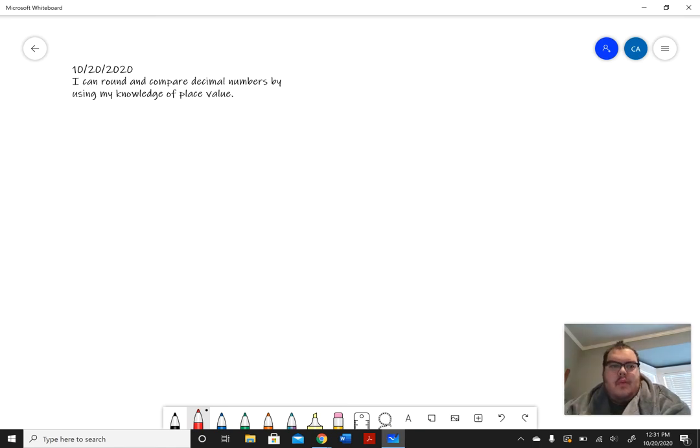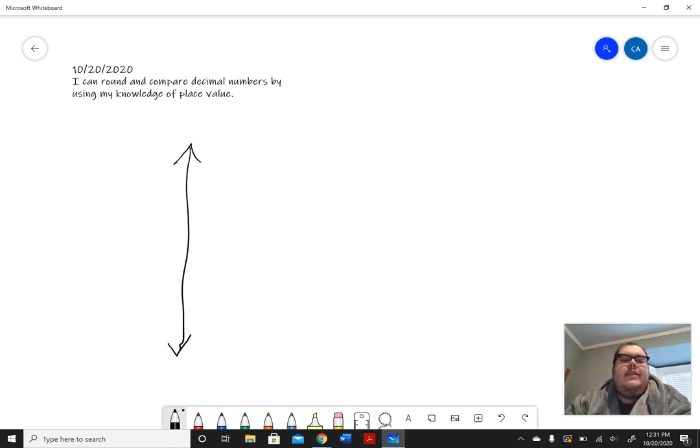Remember, when we are looking to round numbers, we have a strategy of using a number line. A number line has two endpoints and a midpoint. The midpoint is in the middle, and the two endpoints are the two numbers that we're looking at.